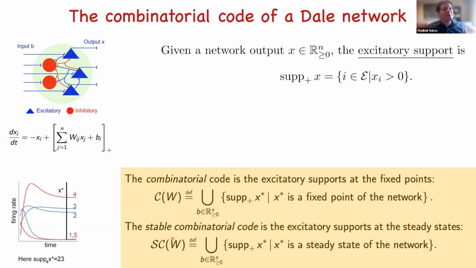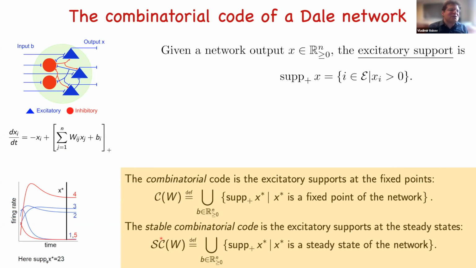Okay, so far this is just the definition of the combinatorial code of a network. And again, to every synaptic matrix W, we can associate a combinatorial code and a stable combinatorial code.